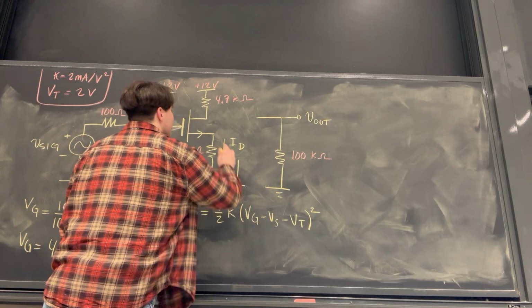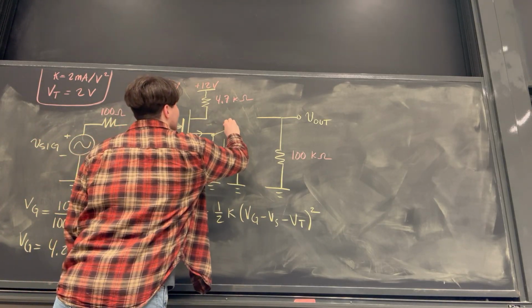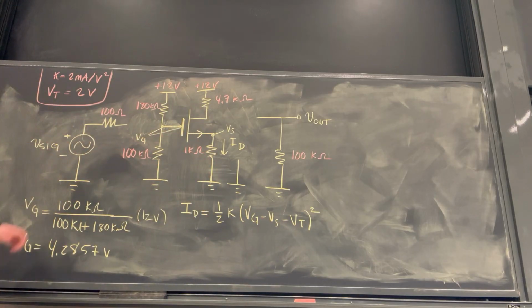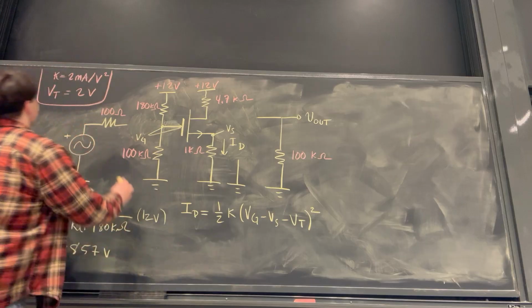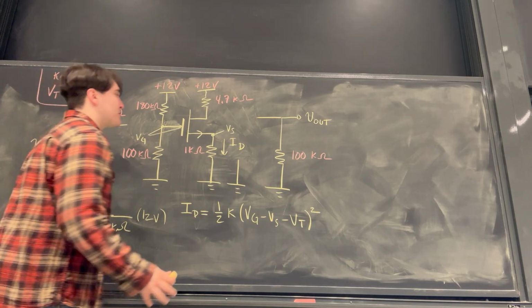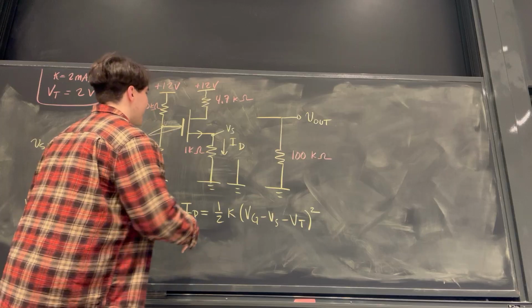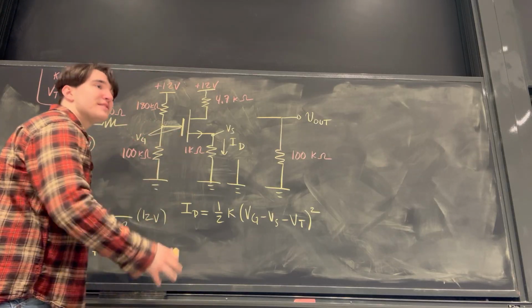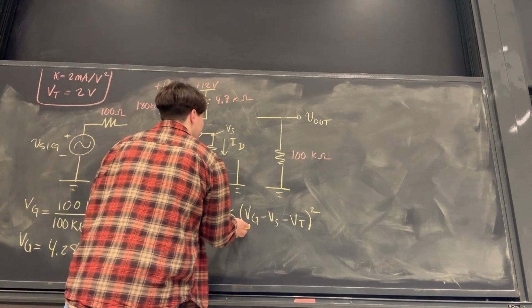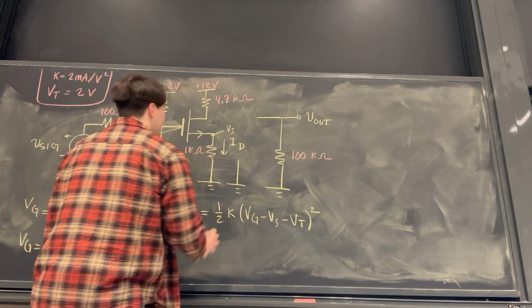VS is the voltage at the source, which is right there. VT is the threshold voltage, which is already given. It's 2 volts. And K is also given, which is just a multiplicative coefficient. It's 2 milliamps per volt squared, based on the properties of the transistor given in this problem. This is a very important equation. This is the saturation equation.